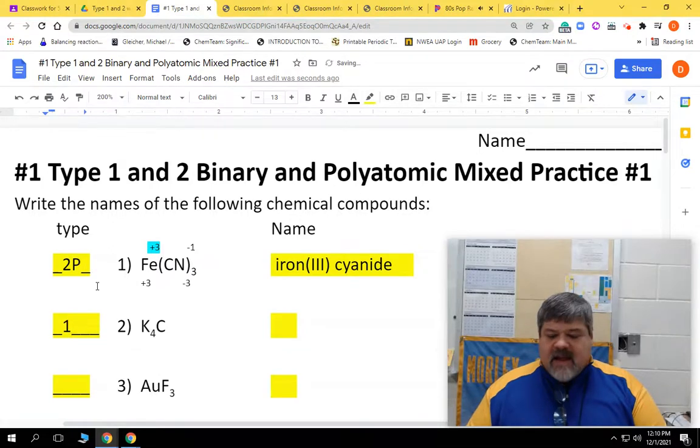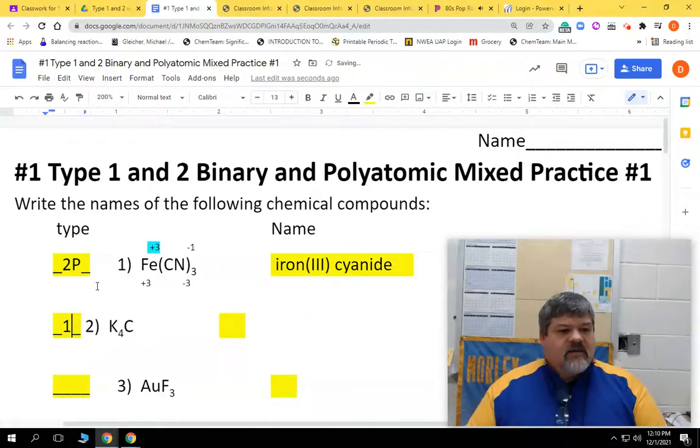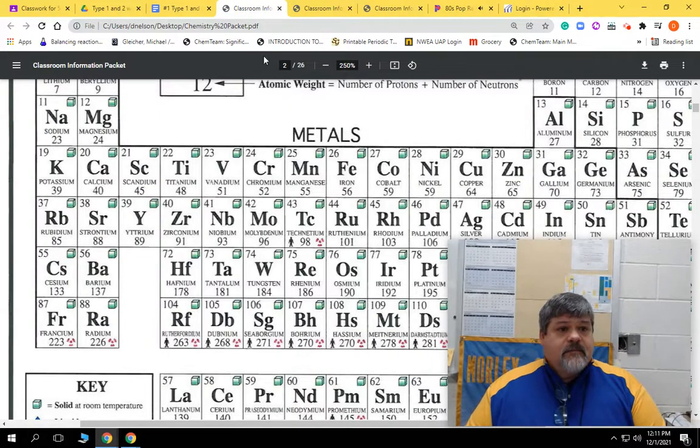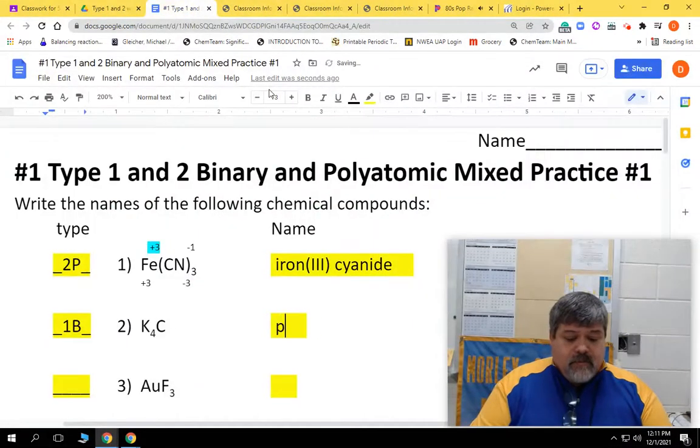Now, is it polyatomic or is it binary? Well, there's only 2 capital letters, so that means it must be binary. So we're going to put a big B there. Now, again, if you remember the rules for type 1, we just go ahead and name it. We don't worry about anything else. So K stands for potassium.